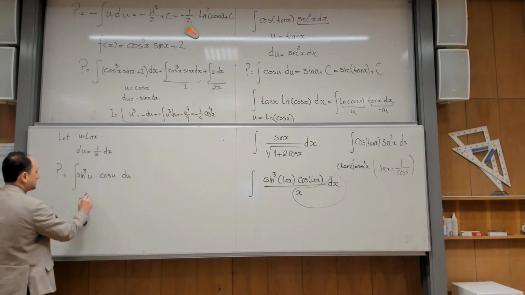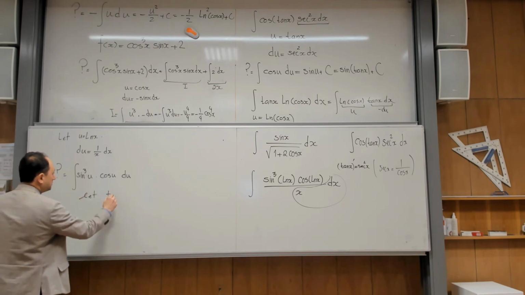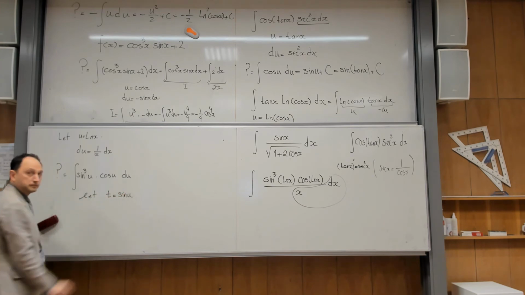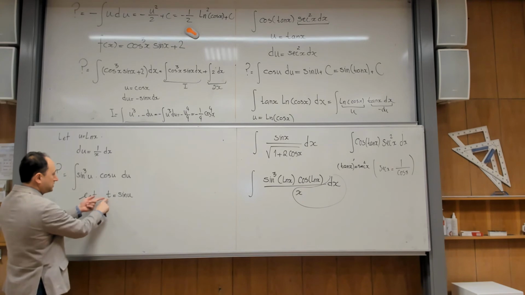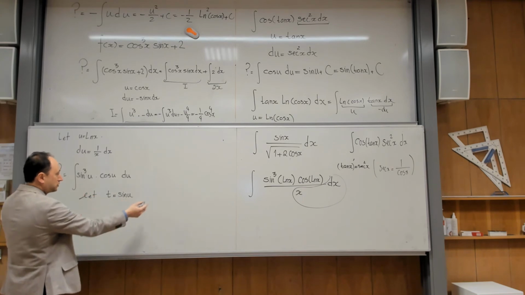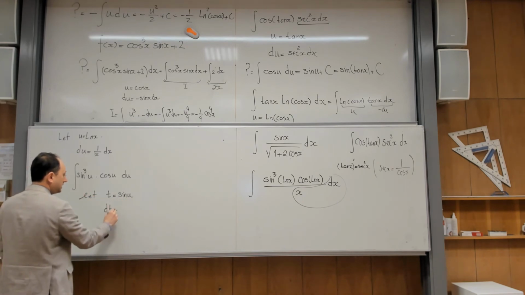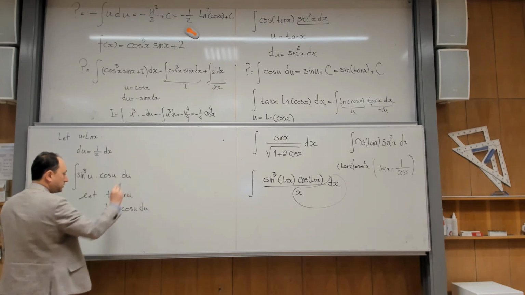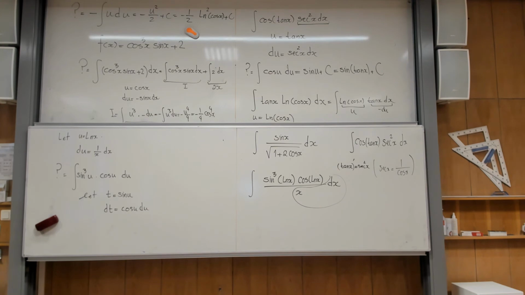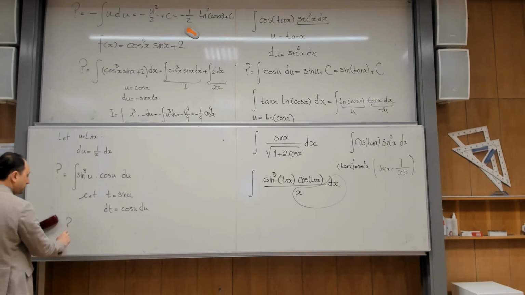I would say let t, for example, be sine u. Okay, and then I do the same thing, but you need to imagine that this is playing the role of the u, this is playing the role of the x. So this becomes dt. The derivative of sine is cosine u, but don't forget to put du. Yes? And now the question mark becomes even simpler.